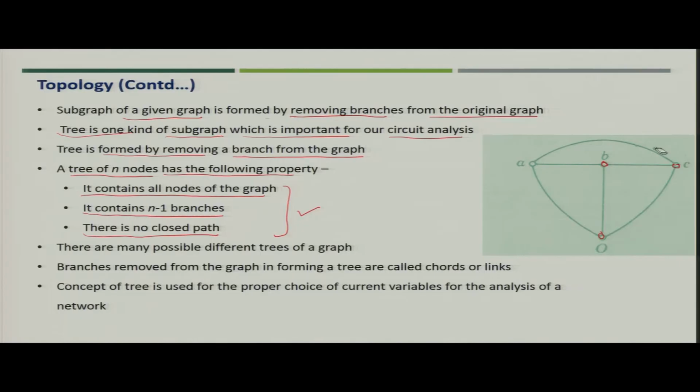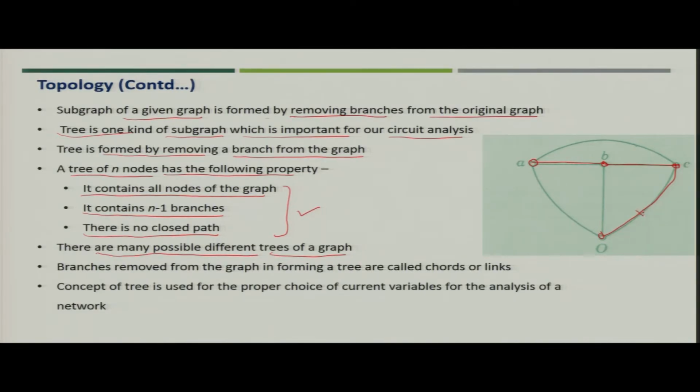Or similarly, you can do one more thing, that you can connect through some other fashion like this, and that is again a tree. So, there may be many possible different trees of a graph. If you connect from O to C, C to B and B to A, then you will again find a tree.